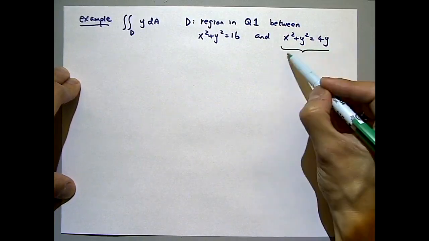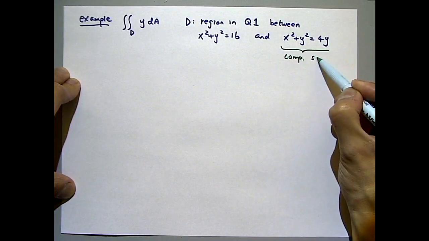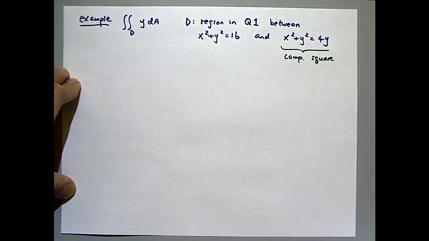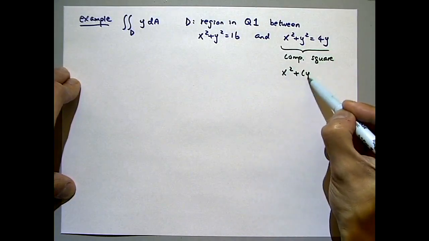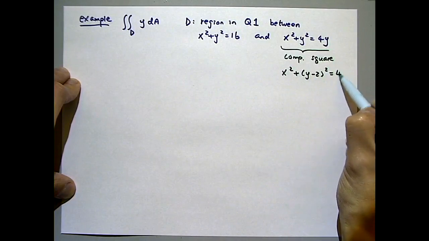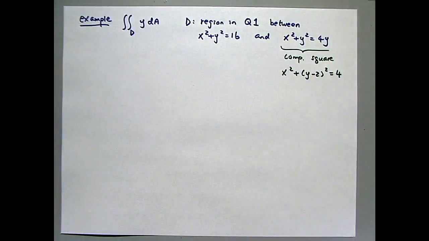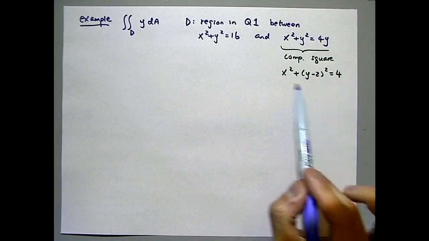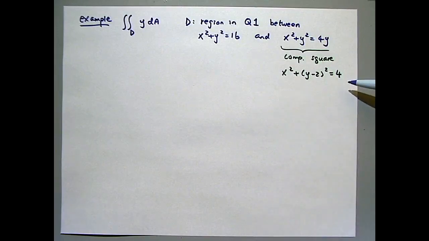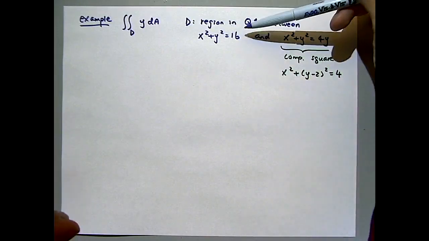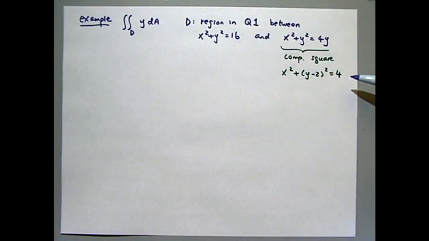So what you need to do is complete the square, which you know how to do, so I'm not going to spend time on that. After you complete the square, this turns into x squared plus (y minus 2) squared equals 4. So this is a circle whose center is at (0, 2) and the radius is 2. Circle centered at the origin, radius 4. Circle centered at (0, 2), radius 2.